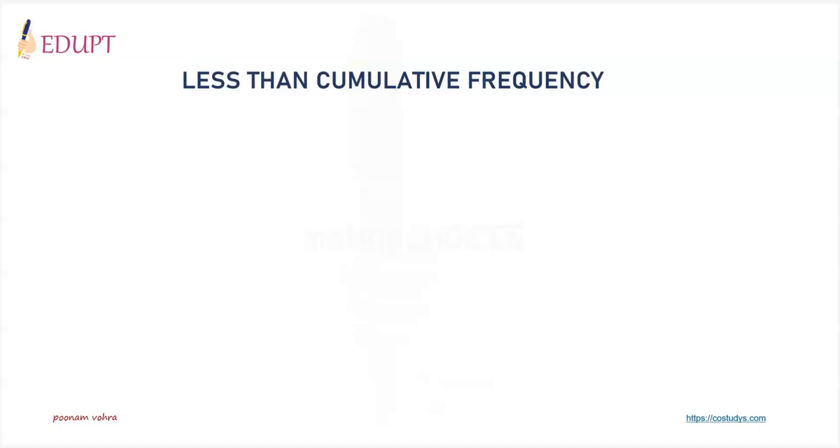Now let's understand how we can convert frequencies into less than cumulative frequencies. In the cumulative frequency series, frequencies of class intervals are aggregated. In less than cumulative frequency series, frequencies are added starting from the upper limit of the first class interval. Let's have a look at the example.